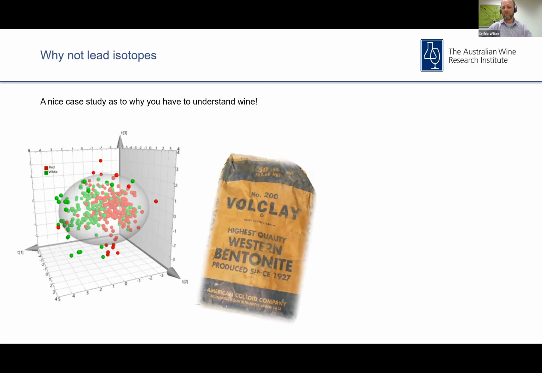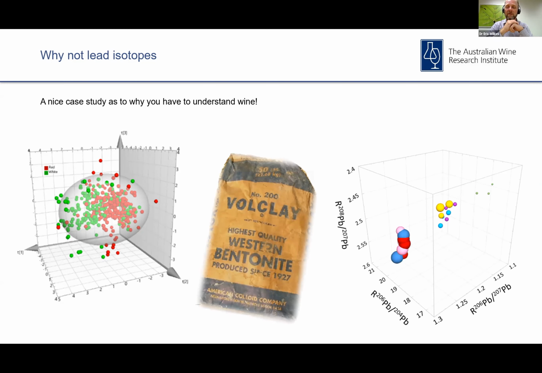And of course, after a very short amount of thought, we realized that we should have a look at the impact of bentonite. When we use things like lead isotopes, what we became really, really good at identifying was where the bentonite used in the wine, this is for white wines, obviously, came from.